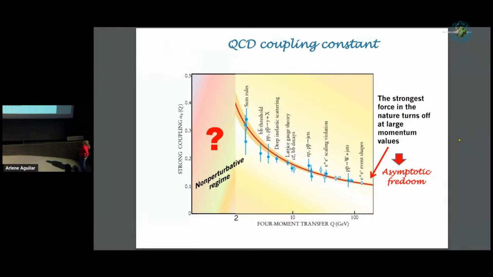In the perturbative regime, the effective coupling is small, and it is a good parameter to expand and compute perturbative objects. And then here you have a region that you can only assess through non-perturbative tools.